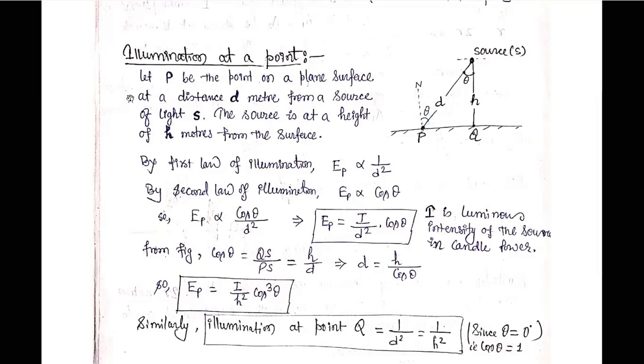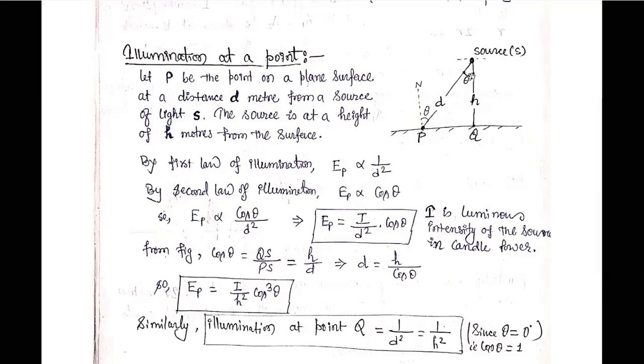So let P be the point on a plane surface at a distance d, ठीक है? ये जो distance d है from a source of light S and the source is at a height of h meter from the surface, ठीक है? तो अब हम लोगों को निकालना है कि illumination क्या होगा at point P and at point Q due to this light source.